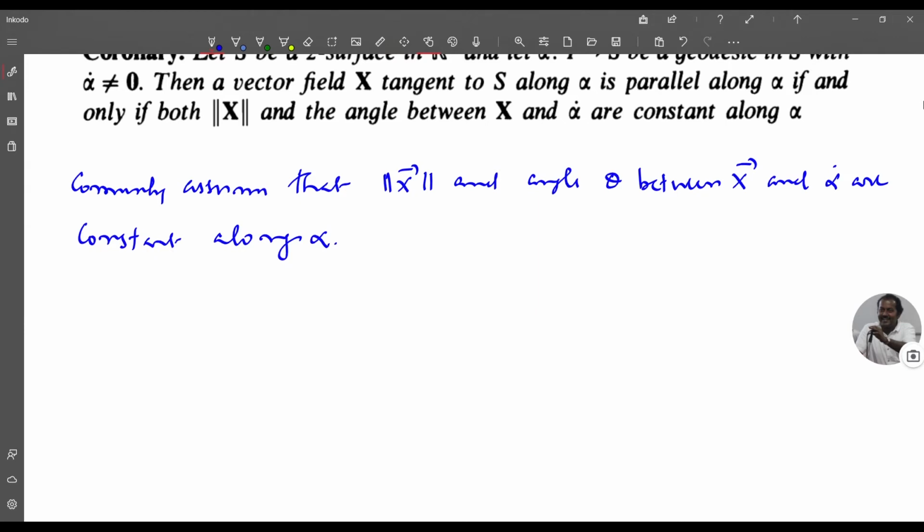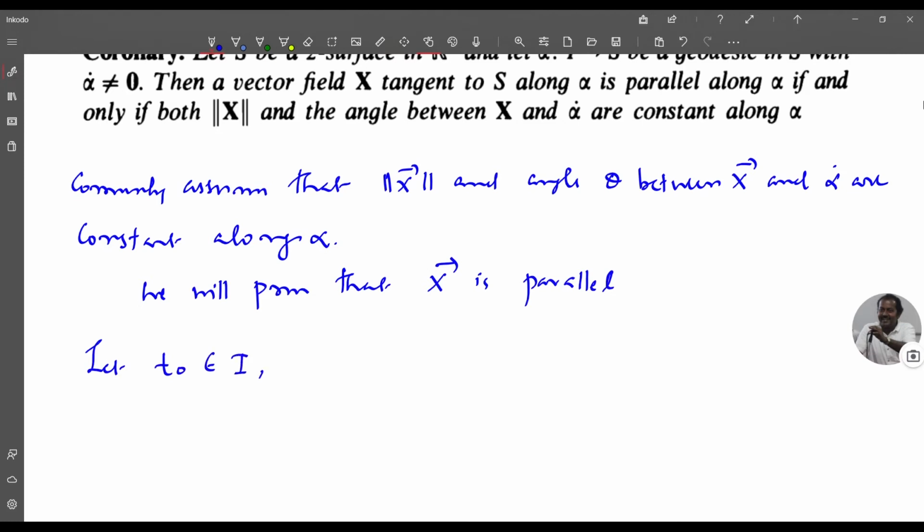We'll prove that X is parallel. Let t naught belong to I and let v belonging to S at alpha of t naught be a unit vector orthogonal to alpha dot of t naught.